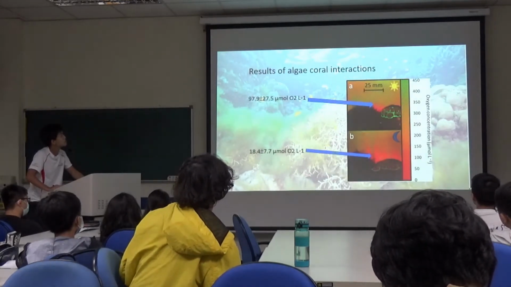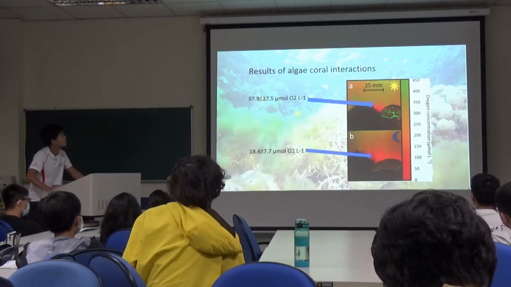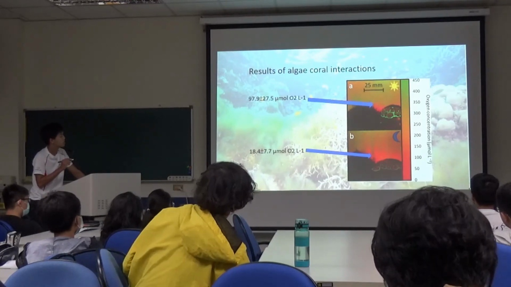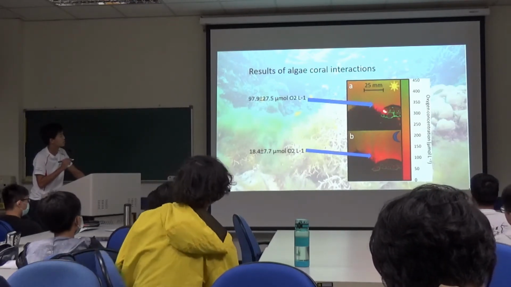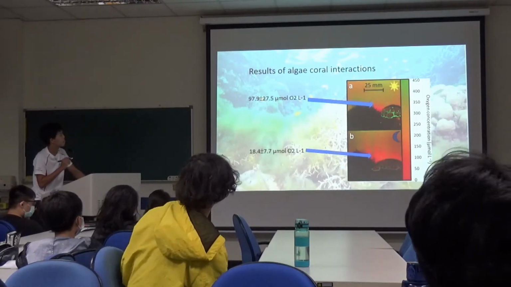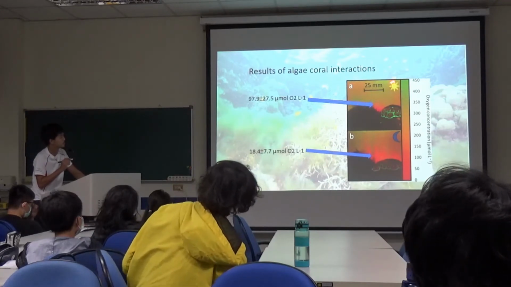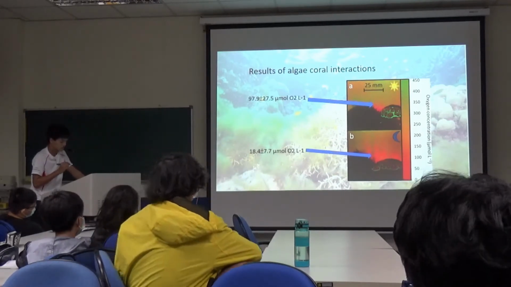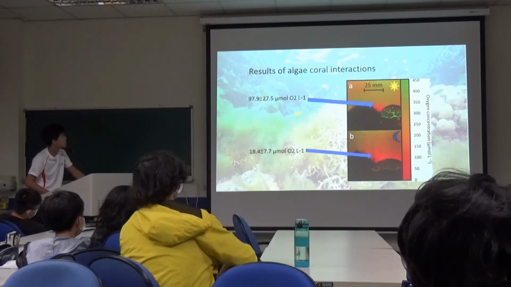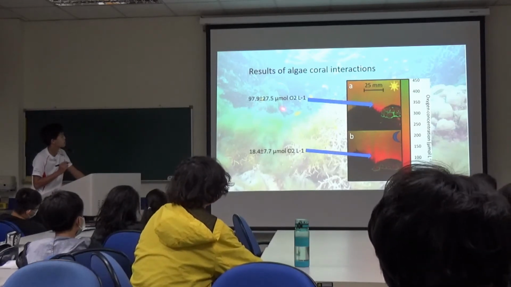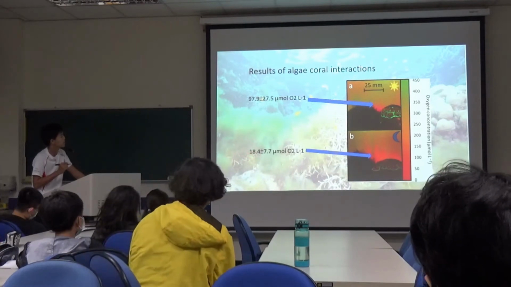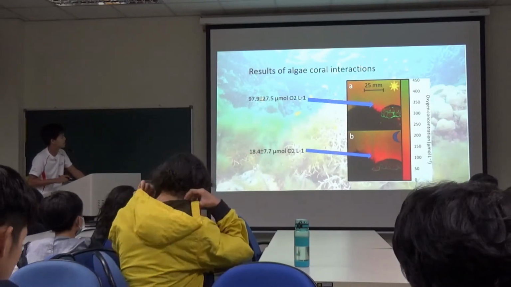And also, this is the result of algae-coral interaction. We can see there's the interaction between algae and coral. There's a low oxygen zone, and at daytime and nighttime you can also observe it. The oxygen concentration is around 97 at daytime, and at nighttime it's around 80.74.